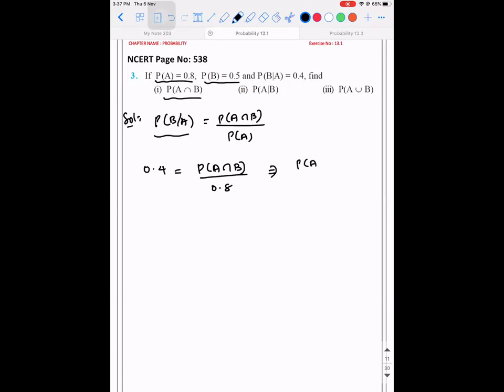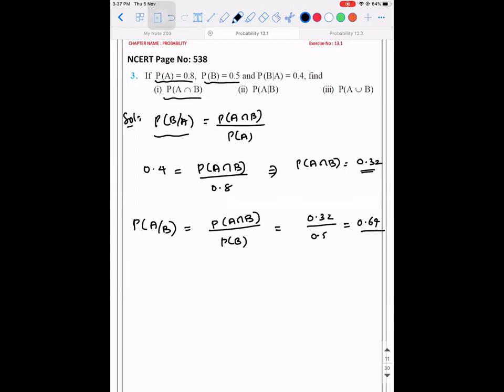So what is the probability of A intersection B, guys? It is 0.32. Similarly, what is the probability of A given B? It is probability of A intersection B divided by probability of B. That is 0.32 divided by probability of B, which is 0.5.